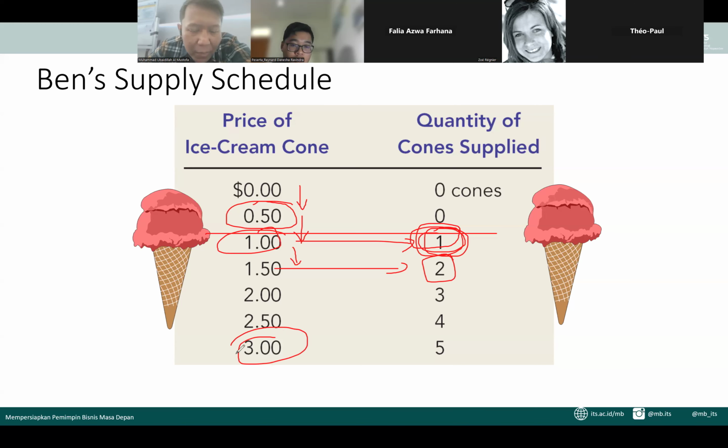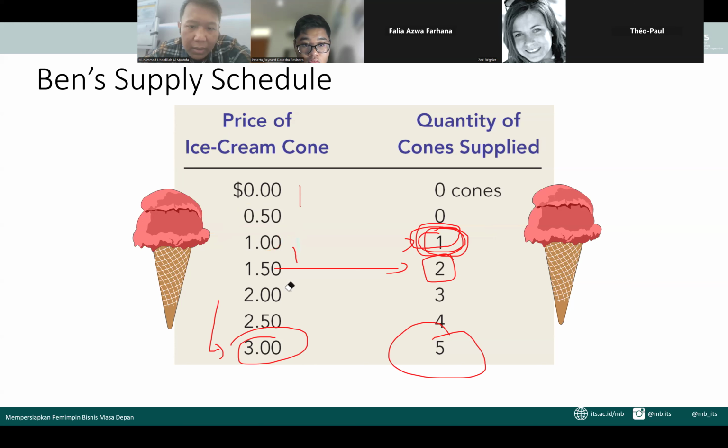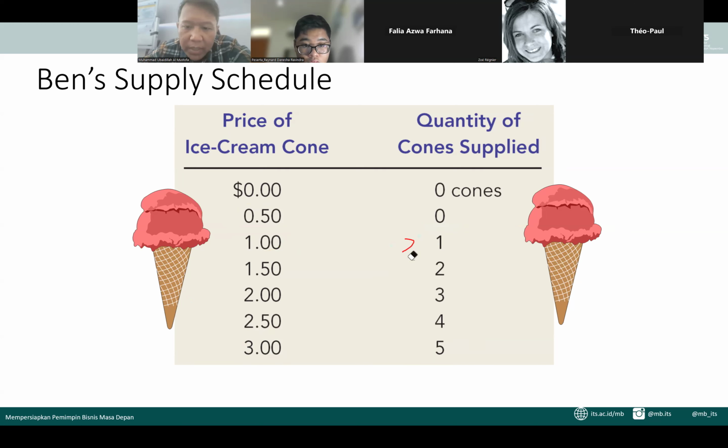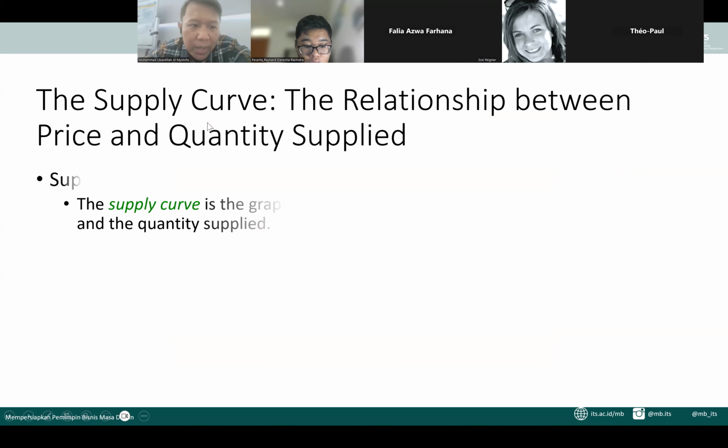And the higher the price, when the ice cream is selling for $3, many of the sellers will be willing to sell their ice cream. For $3, they're willing to sell 5 ice cream. So this is the schedule which shows you the relationship between the price and the quantity supplied.